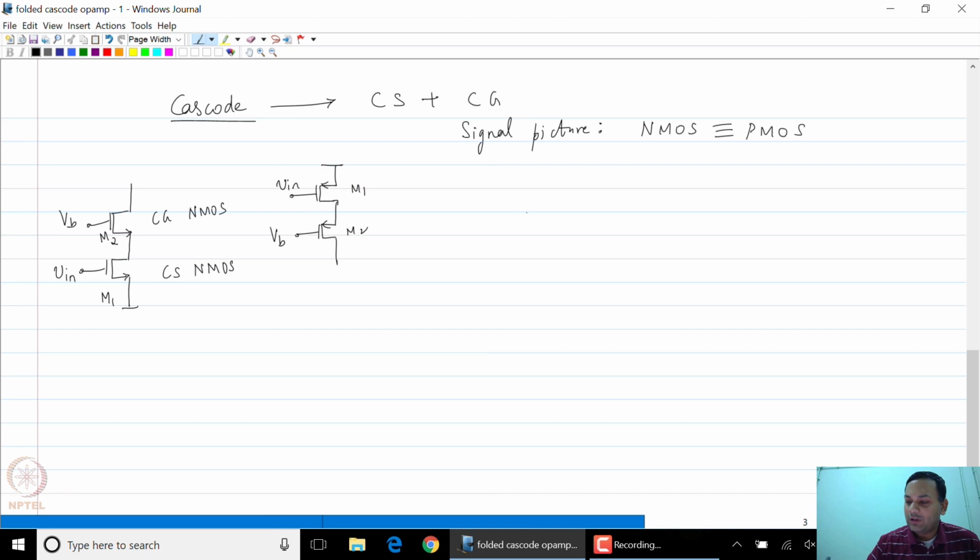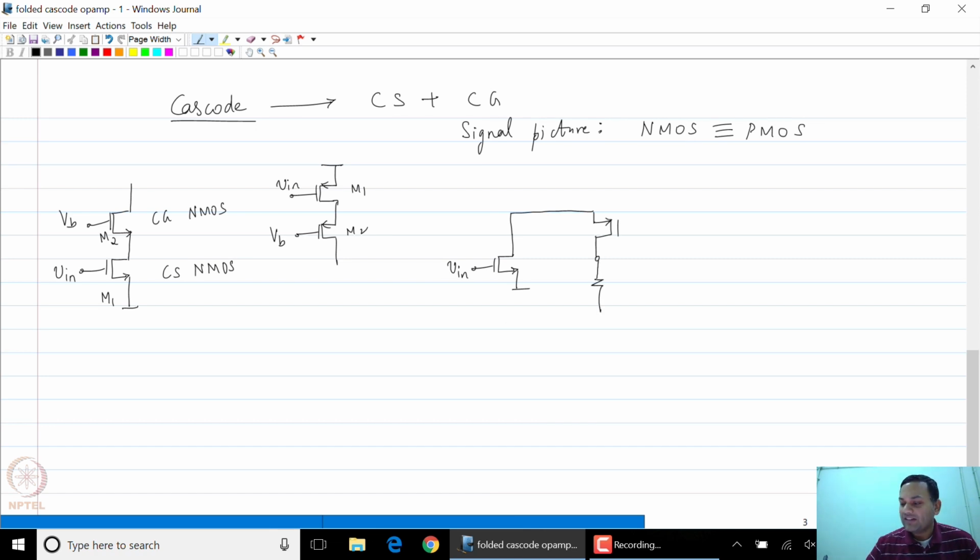The first one we will look at is the case of an NMOS common source structure followed by a PMOS common gate structure. So the way we can draw it is by, since we are used to drawing the PMOS with the source side up with VDD on top and ground on bottom, I'll draw it in this manner.